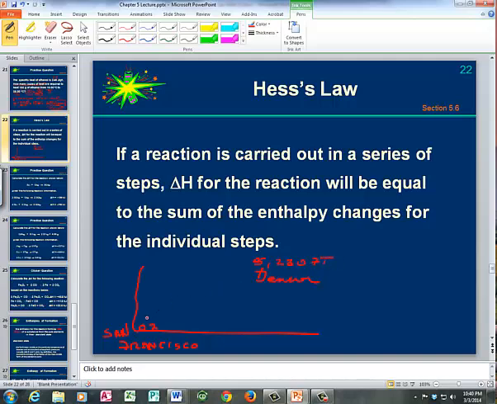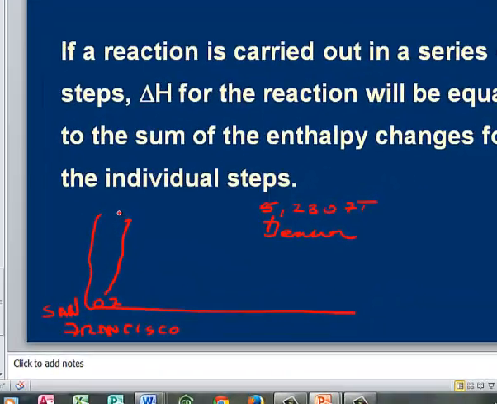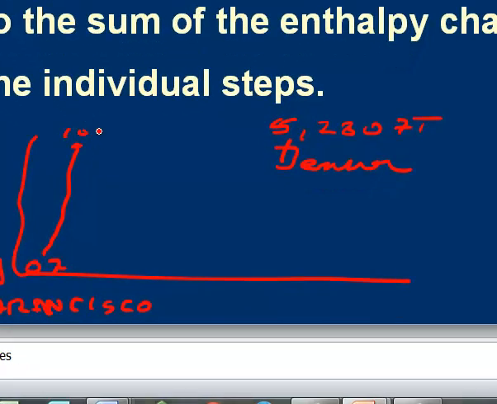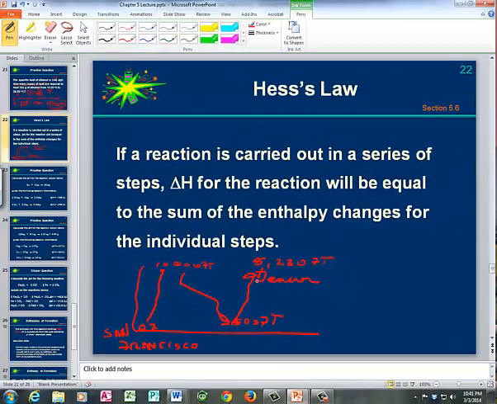But I got a terrible travel agent who sends me up to land in my airplane on the top of Mount McKinley at 10,000 feet, and then down to Dallas, and down at Dallas, let's say that's at 500 feet, and then finally from Dallas to Denver.